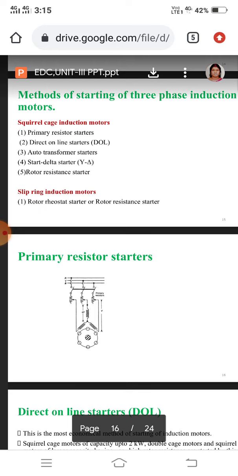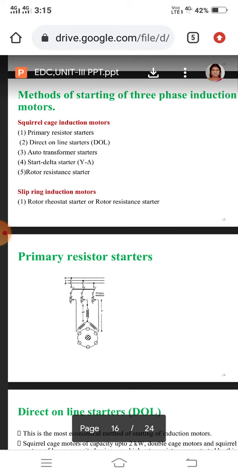Why is this resistor connected in the primary? To reduce or tackle the starting torque. Initially, every supply produces some jerking power. Jerking power means oscillating power.